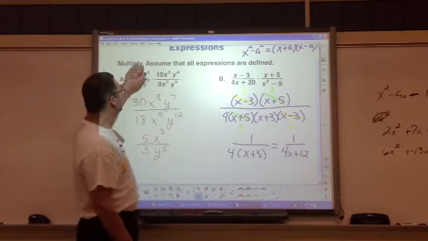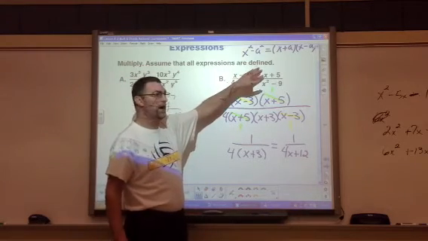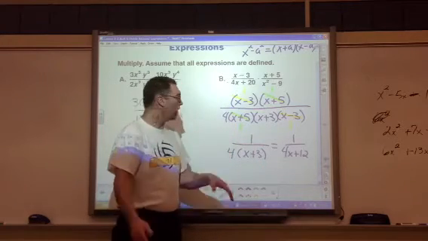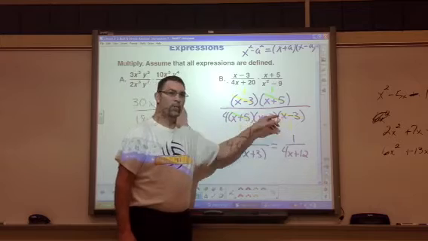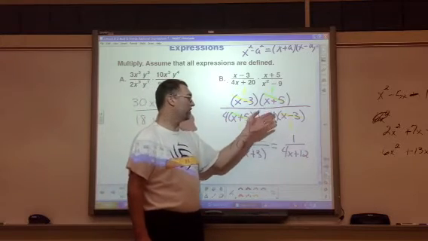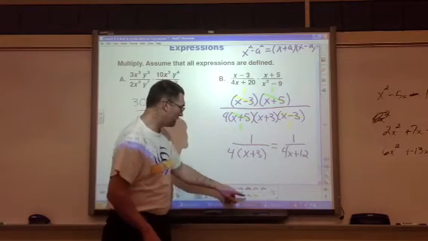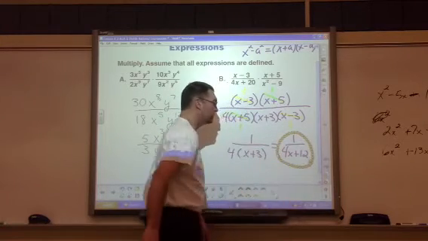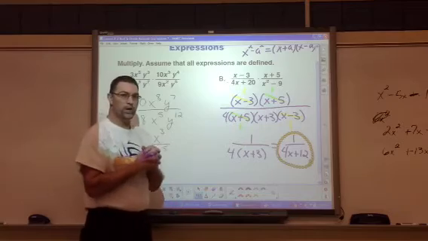And in these problems it says assume that all expressions are defined, so you don't need to say that x cannot equal certain numbers, because we're going to end up with a whole bunch of them. Here we would end up with -5, -3, and +3. So in this case, this would be my answer: 1 over 4x plus 12.